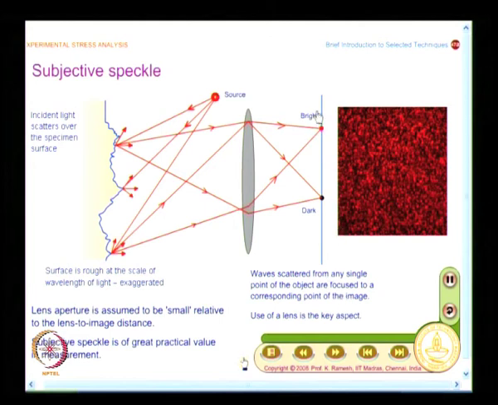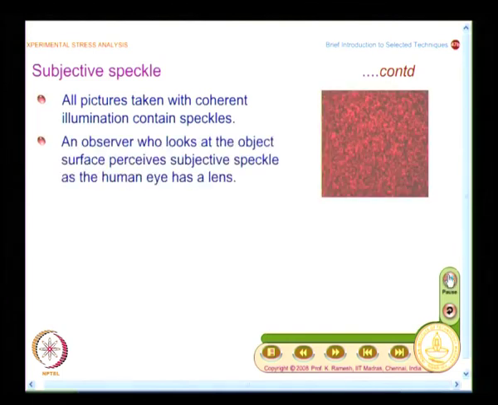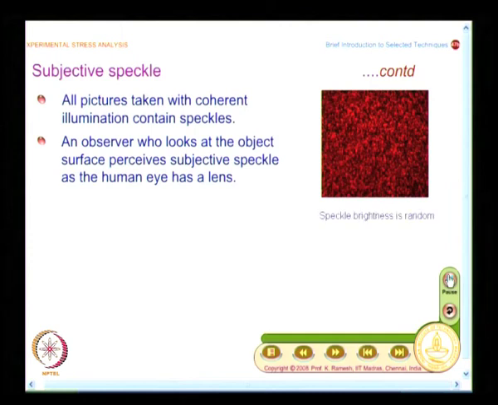So, I have a beautifully formed subjective speckle pattern, and when I look at the finer aspects of it, it is like this. What we summarize here is, all pictures taken with coherent illumination contain speckles. This is a fundamental point that we have been looking at. An observer who looks at the object surface perceives subjective speckle as the human eye has a lens.